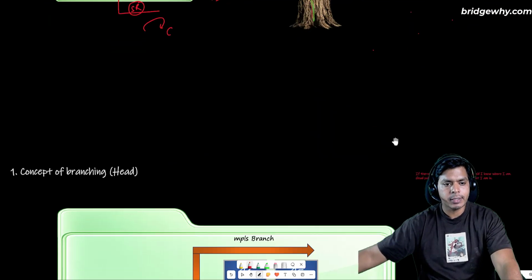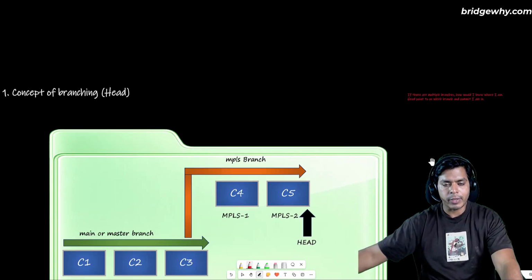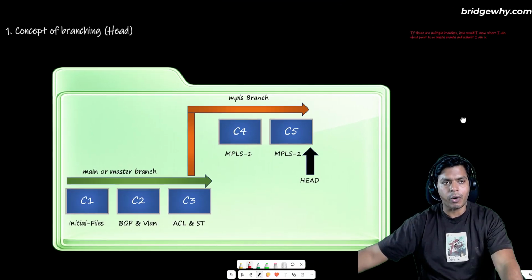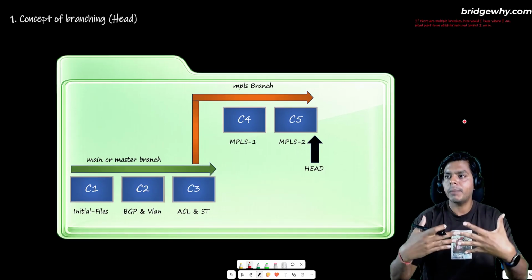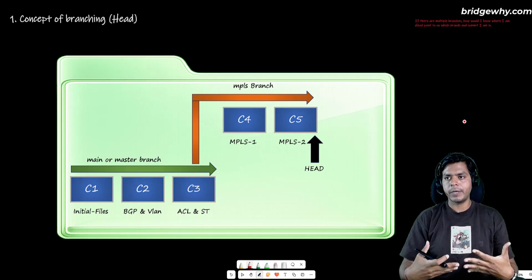Now let's move to another concept. So I think we all understood what is a branch. We have a main branch by default, which gets created for us, right?